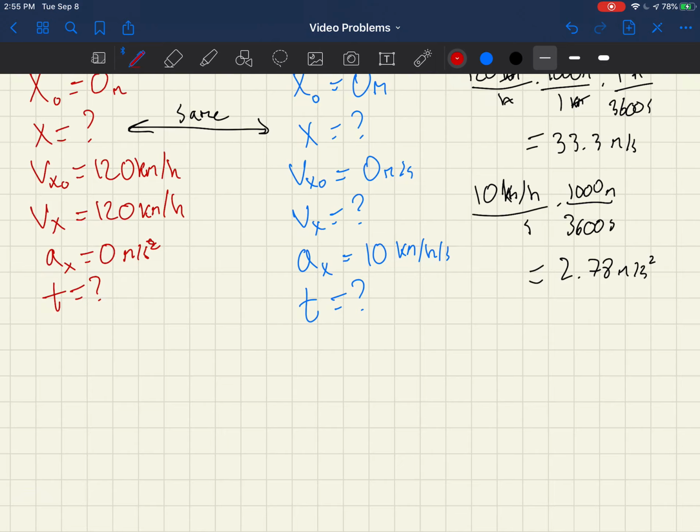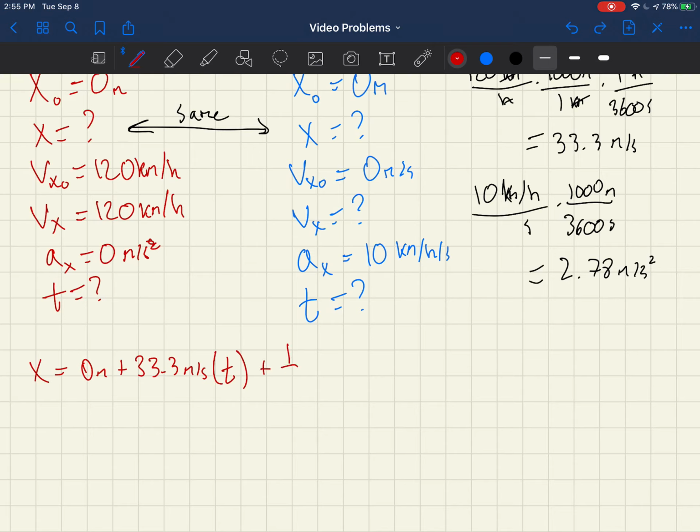So here we go. For the red car, x is equal to x0, which is 0, so we're using the second equation here. Vx0 is 33.3 meters per second. We don't know time.